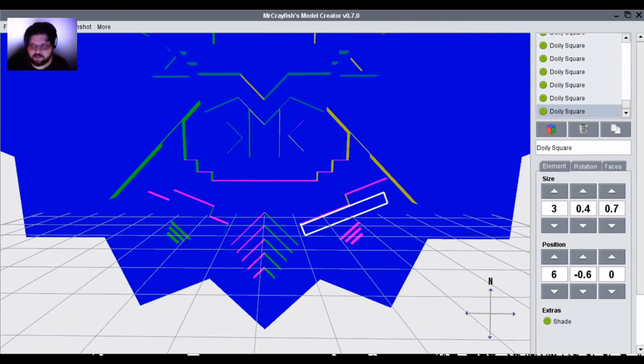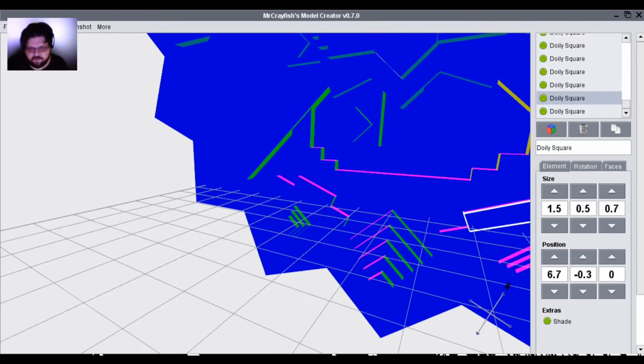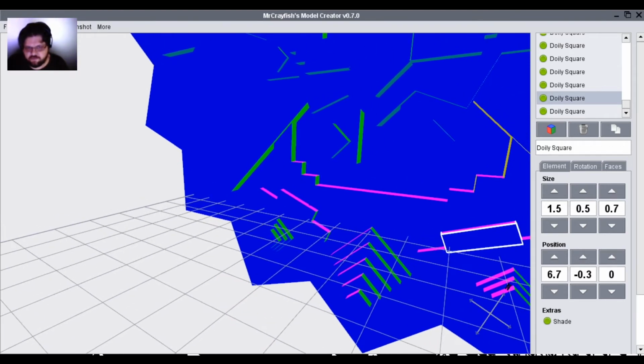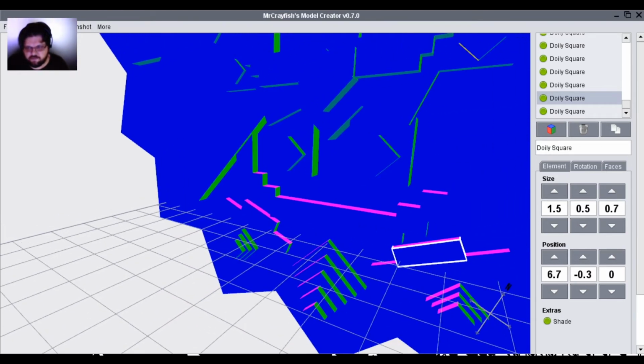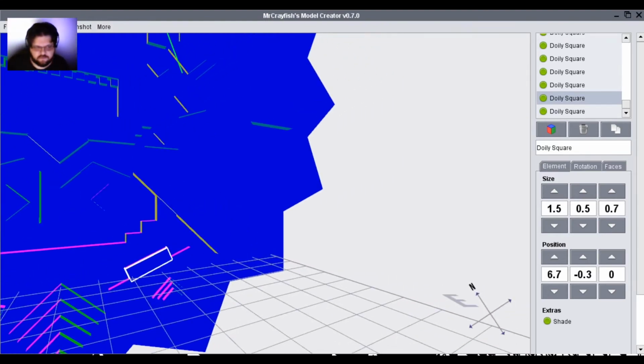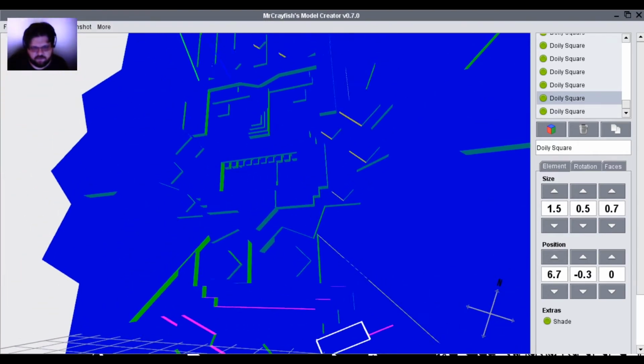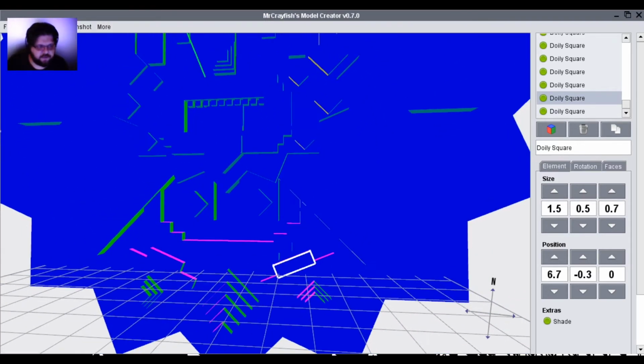Hmm, 6. 6.3. 4. 5. 6. 7. Yeah, that seems right. That seems right.